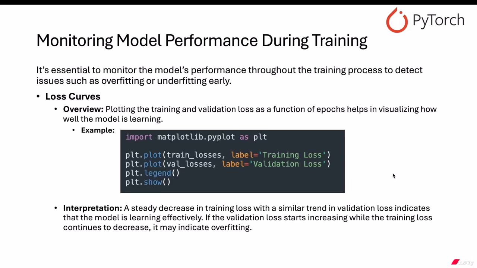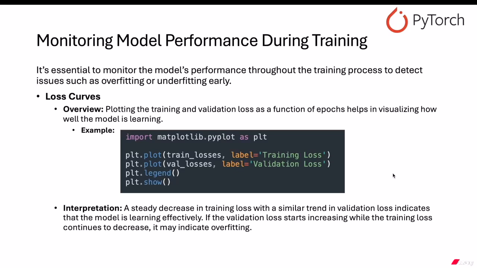Here is an example where I'm importing matplotlib.pyplot as plt, and from plt I'm calling the plot function and passing train_losses with label equal to training loss and val_losses with label equal to validation loss. Then I'm calling the legend function and then finally show.